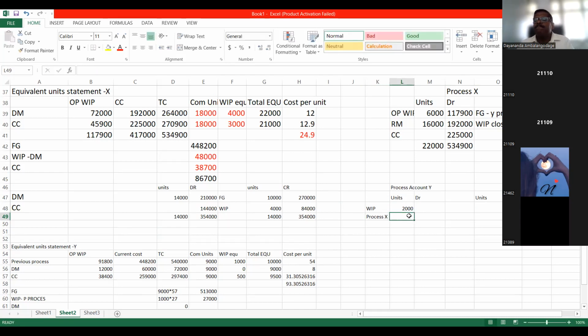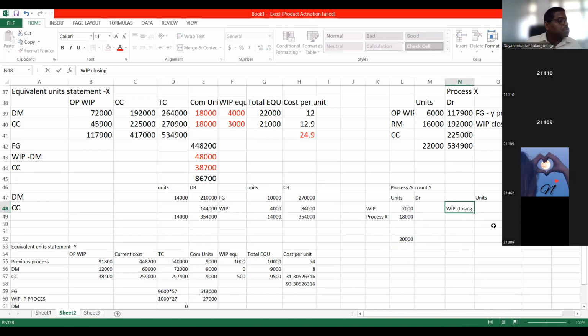You get 18,000, right? So units started also 18,000. So you see the same thing, and you can get the total, no problem. On the credit side, you can find the WIP closing.